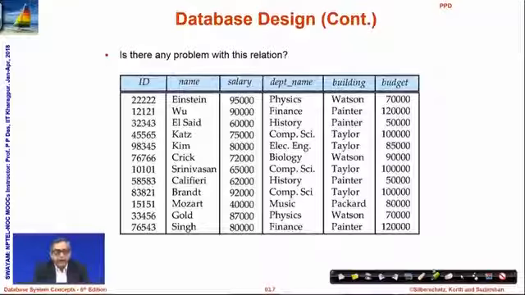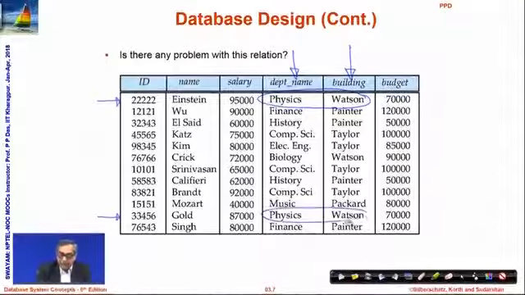For example, we have introduced the department name and the building in which the department is housed. If we look, there are multiple instructors, let us say Professor Einstein, who teaches in the physics department that is housed in the Watson building. And there is Professor Gold, who also teaches in the physics department, and naturally that is housed in the Watson building.